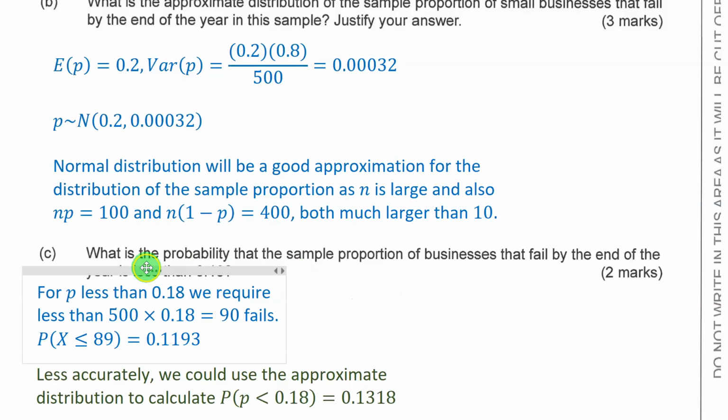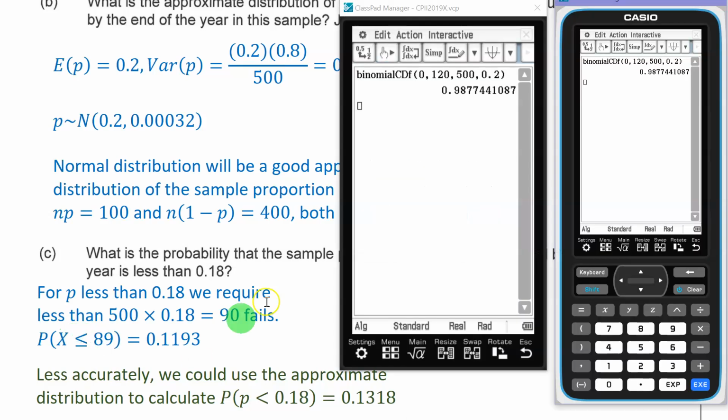To get a proportion of less than 0.18, that means 0.18 times 500 is 90. So to get fewer than 90 fails, we want the probability that X is less than or equal to 89. So let's keep that one in case we need it, bring it down to a new line, change this number to 89, and we can see the probability is 0.1193.